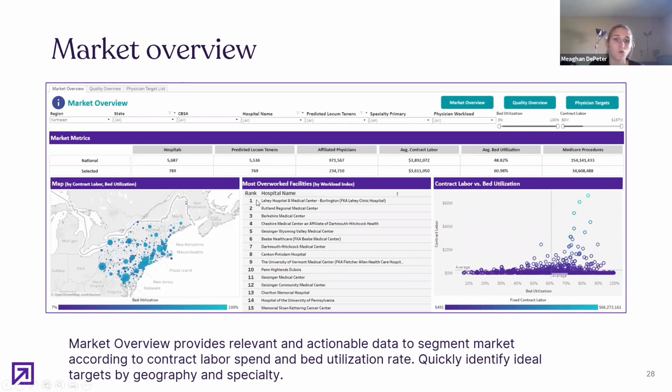Looking at the middle here, rankings within this table are generated by leveraging the workload index. This index is a 0 to 1 value and is based upon physician workload, which is the relationship between the number of affiliated physicians within a given specialty and the number of claims that those physicians appear on.